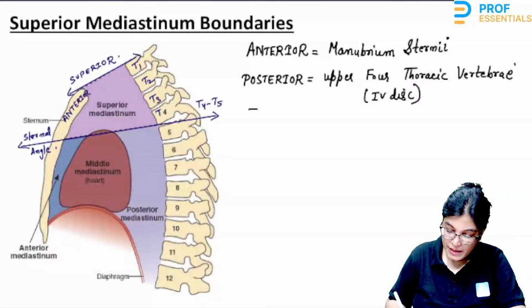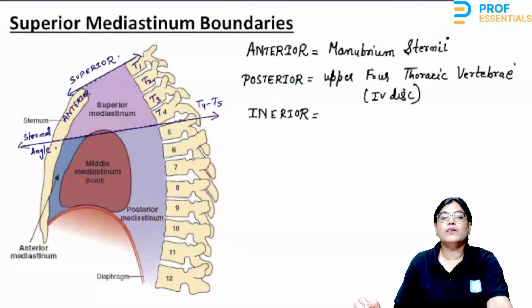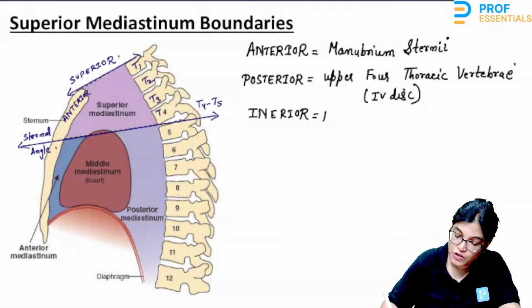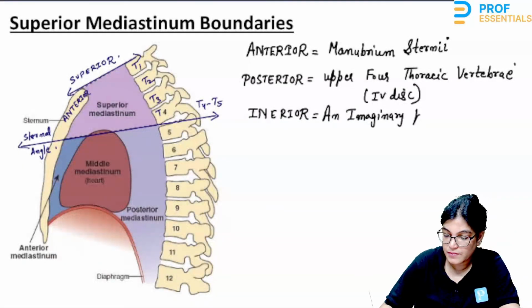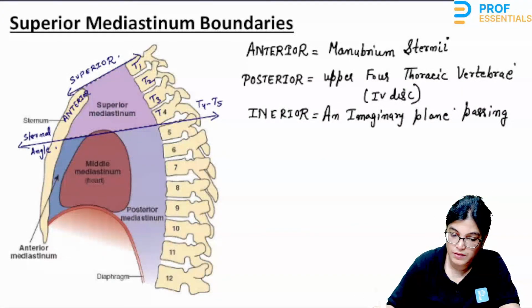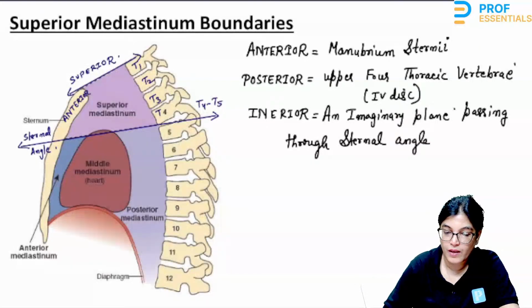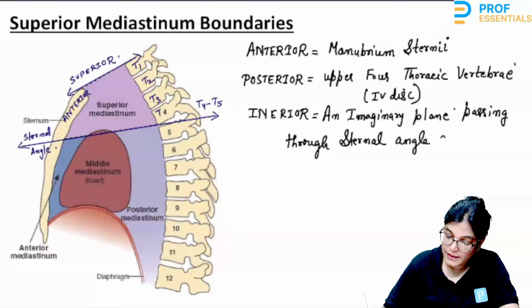Now, what lies on the inferior aspect? Here on the inferior aspect, we will have an imaginary plane passing through the sternal angle and the T4, T5 thoracic vertebra.